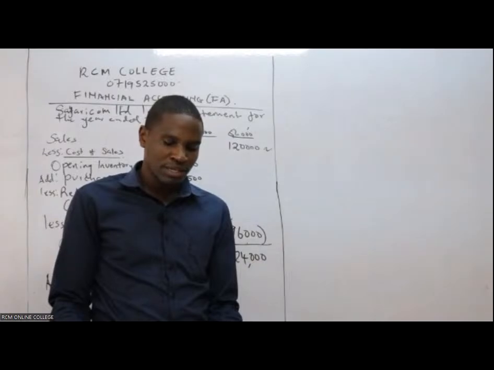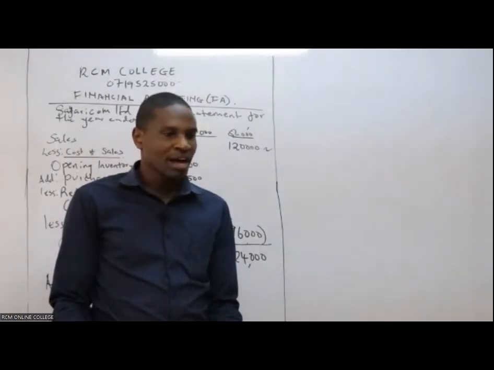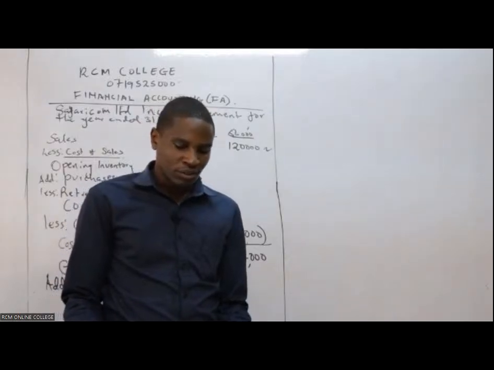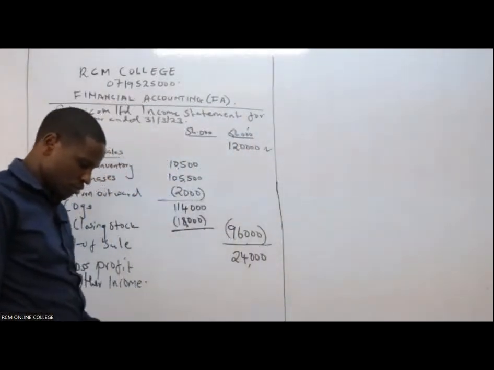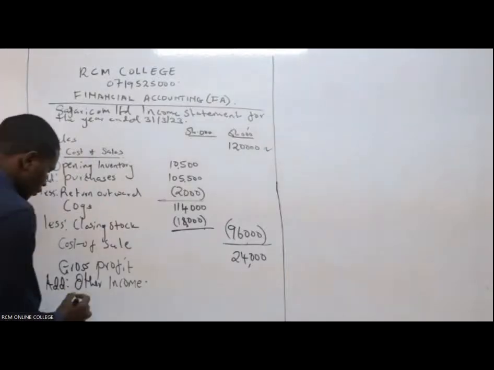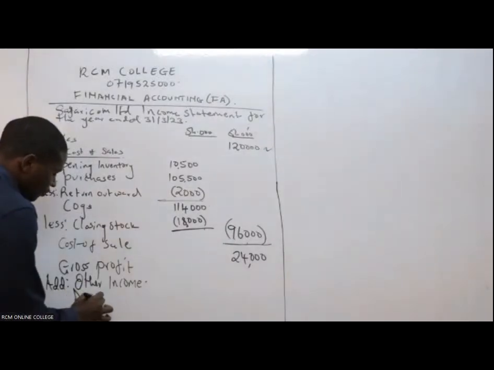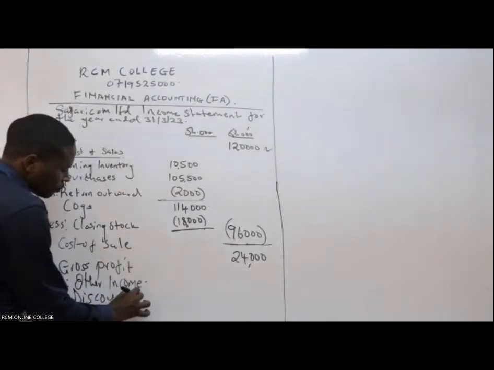For the discount received, that is an income, and for the discount allowed, that is an expense. Therefore, discount received was 325. So you come here and add discount received.